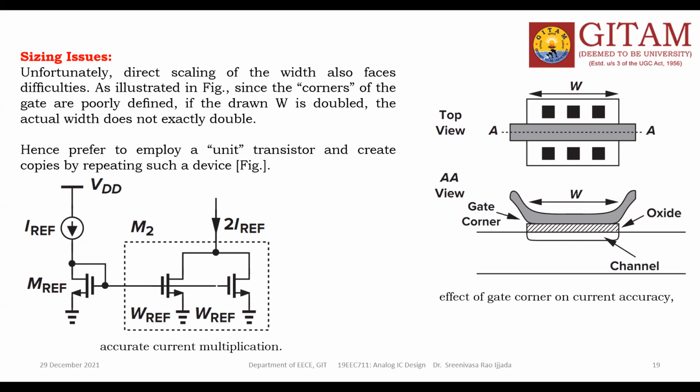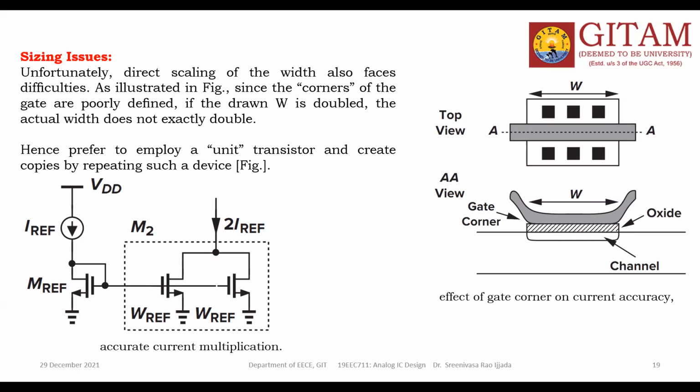Then also come to the W. If you want to increase the width twice, then you will get the gate corner effect. This is the gate corner effect. Let us assume from bottom to the top, the W value is not fixed, it is changing.